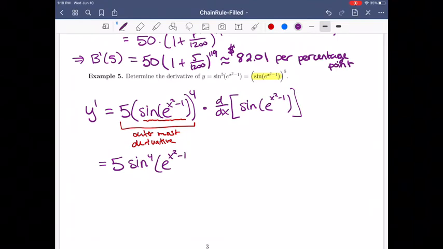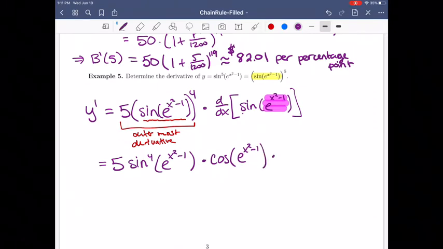Okay, so now to do that, I see that I have another composition. So now this thing is the inside, and my outer function is the sine bit. The derivative of sine is cosine, so the derivative of sine of a box is going to be cosine of the box.